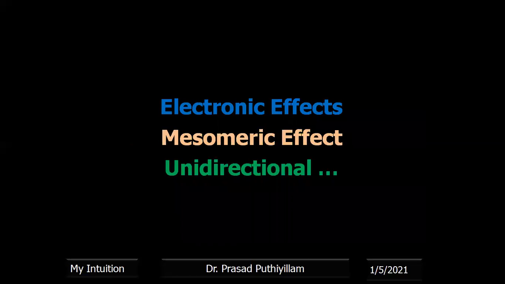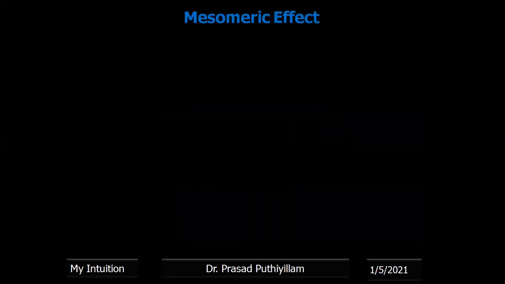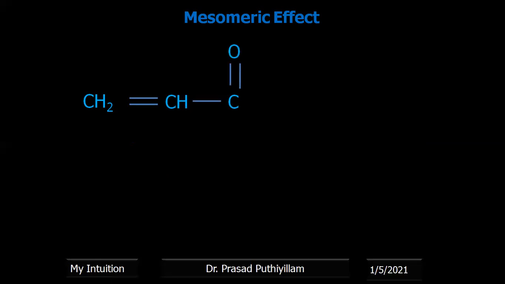The last topic is the mesomeric effect, which is unidirectional. To explain that, I take this example: a carbon double bond carbon connected to a terminal aldehyde group. Here, due to the presence of the C double bond, the electron movement will be towards oxygen. Then this double bond will break to form CHC.